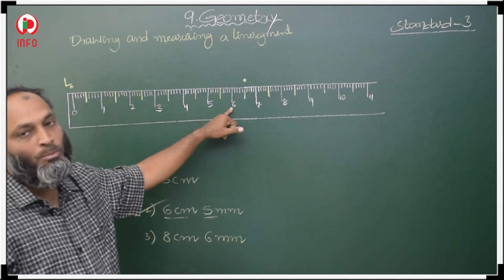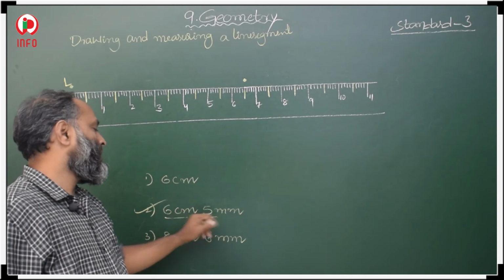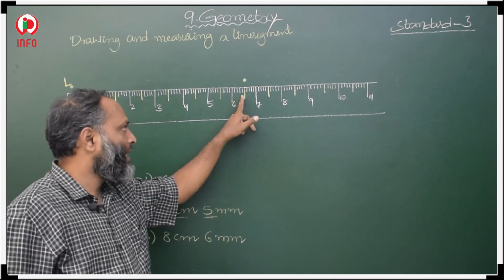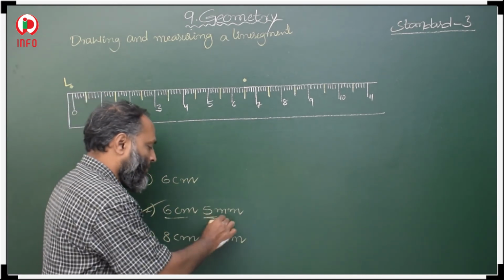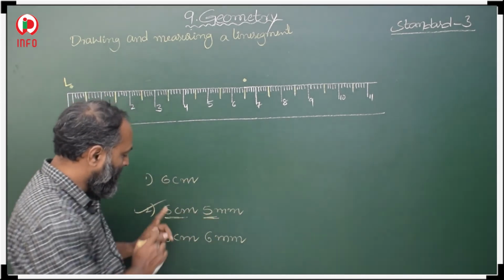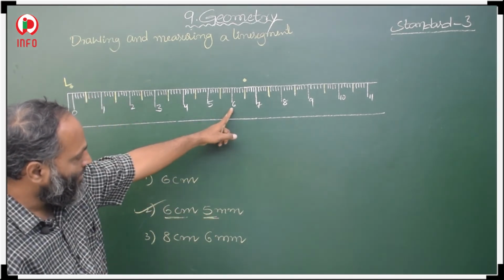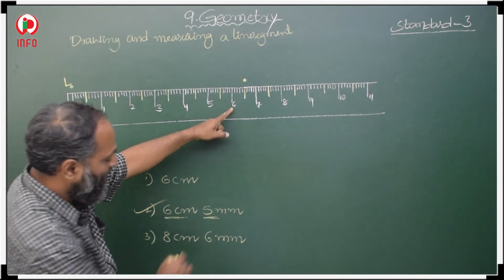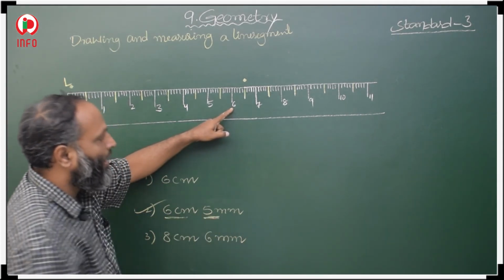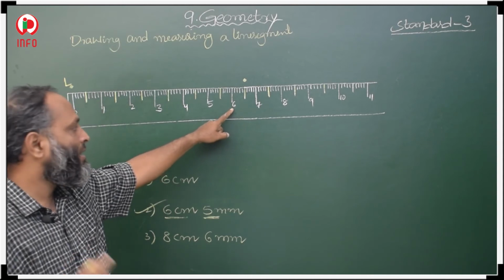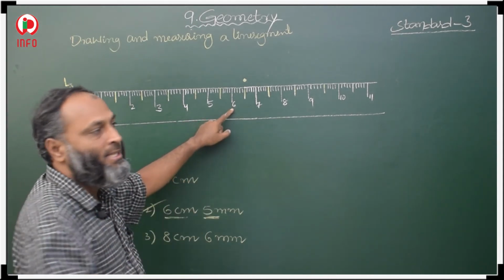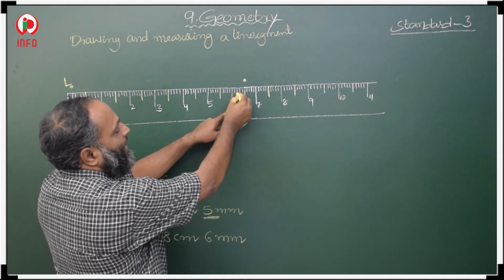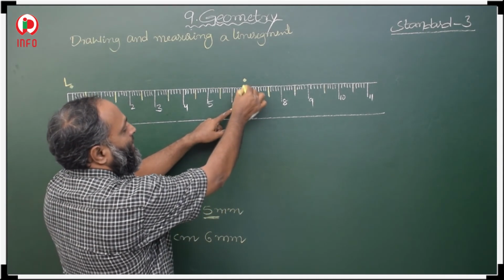So 6.5 means after 6, 5 small lines we have to count for millimeters. Here millimeters is given. Here 6 centimeters means first we go for 6 centimeters. Then after that millimeters. Millimeter means after 6 we have to count 5 small lines: first, second, third, fourth, fifth, this bigger line.